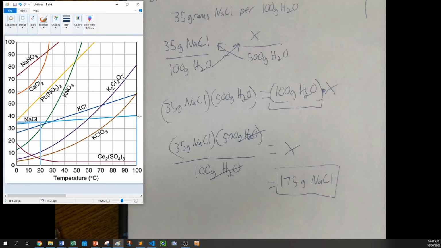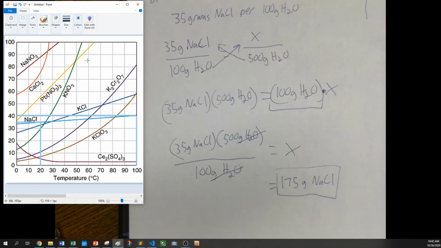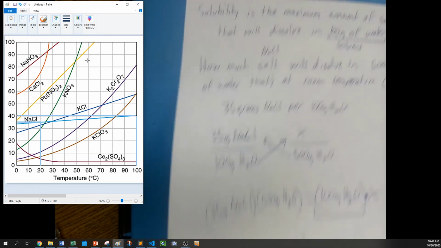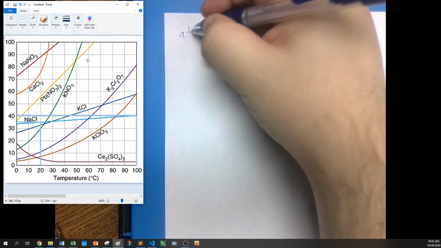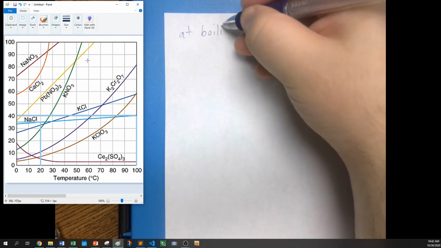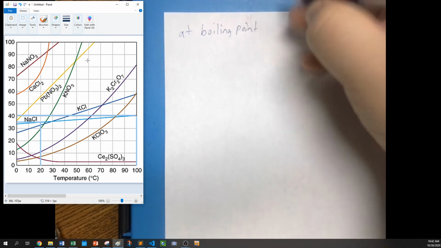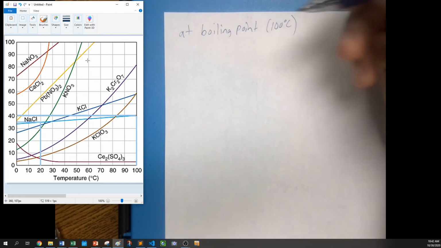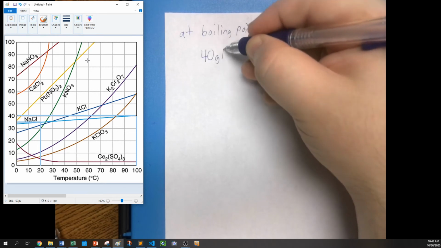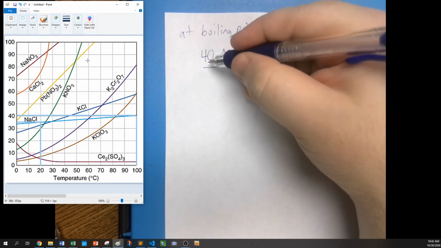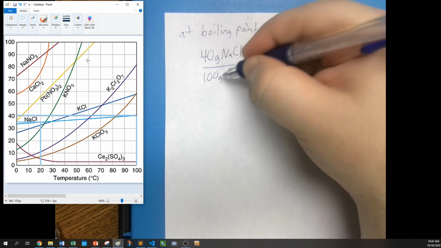So at 100 degrees Celsius, about 40 grams per 100 grams of water. So at boiling point, 100 degrees Celsius, we have about 40 grams of salt per 100 grams of water.